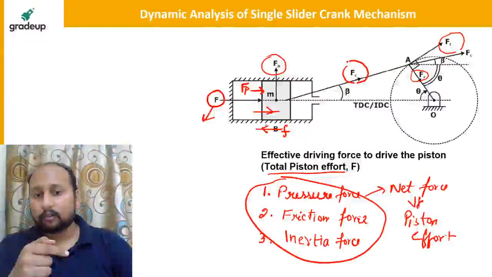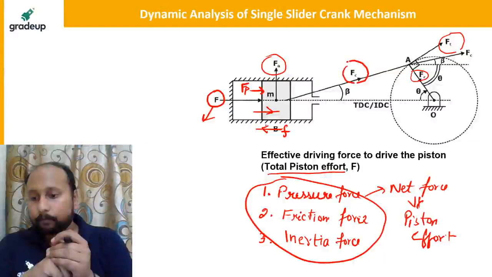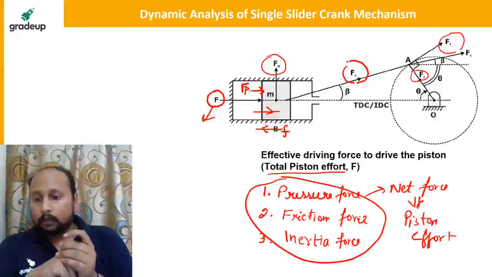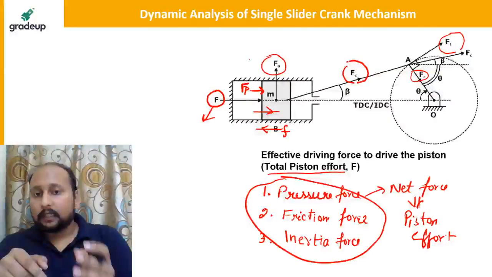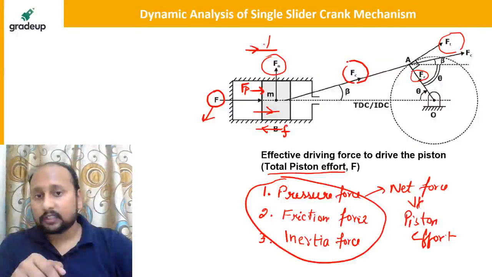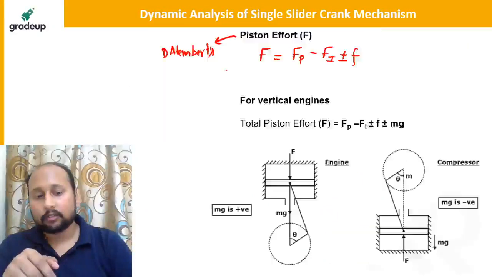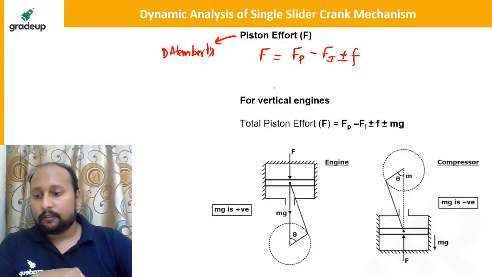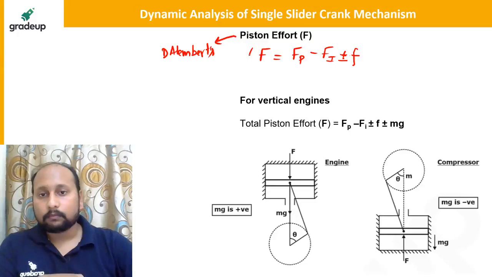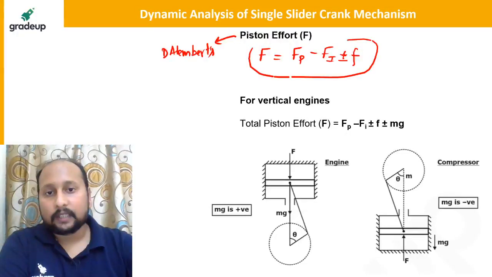If your piston is moving from right to left, then your friction force will be in this direction, while Fp stays in its direction. So that is why we have a plus minus frictional force. Is that clear? So piston effort is equal to Fp minus Fi plus minus F.